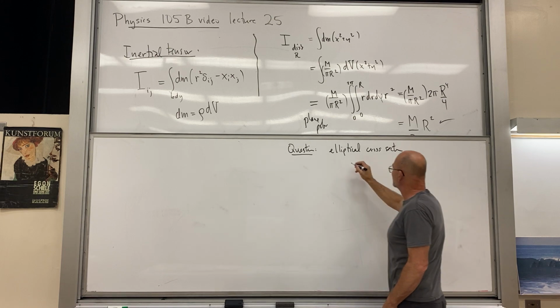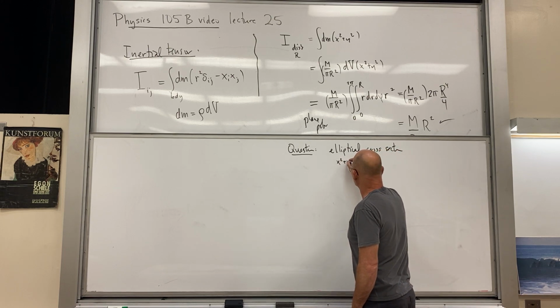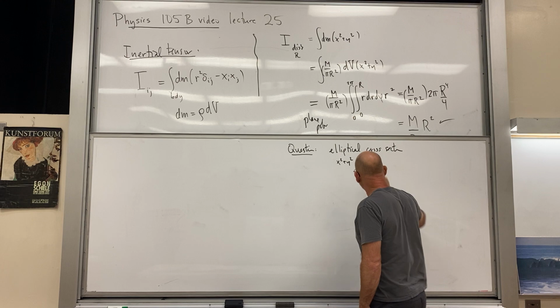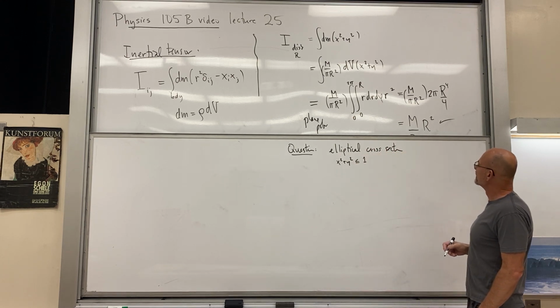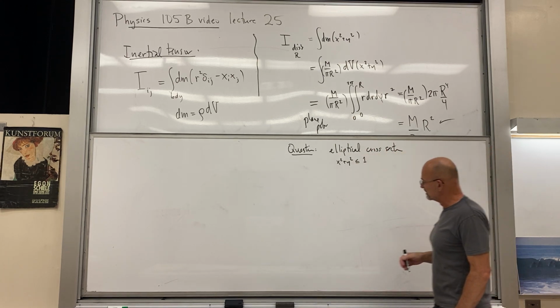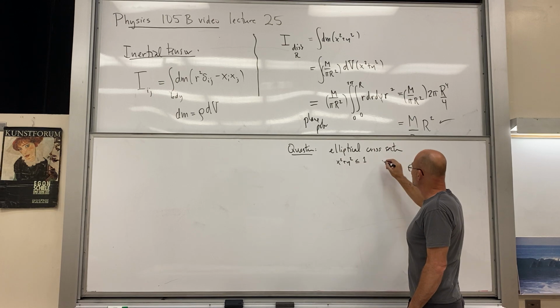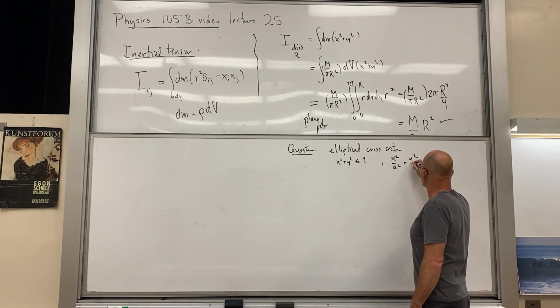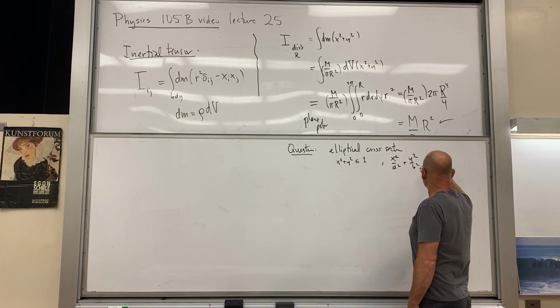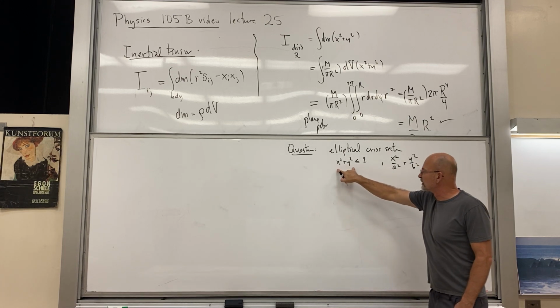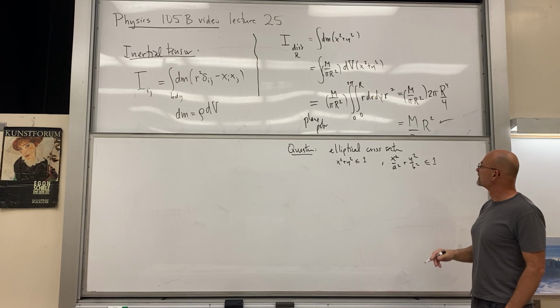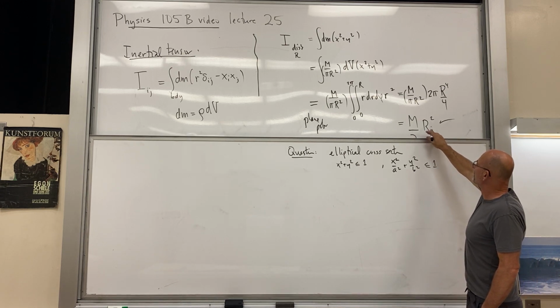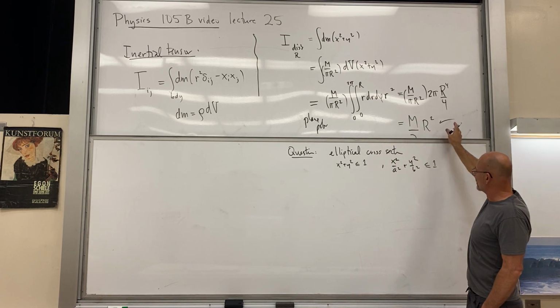So instead of x squared plus y squared less than or equal to 1, for a unit circle, we would have x squared over a squared plus y squared over b squared less than or equal to 1, right? This would be the unit circle, this would be the ellipse. Unit circle, we would have just had m over 2 here times r equals 1 squared.